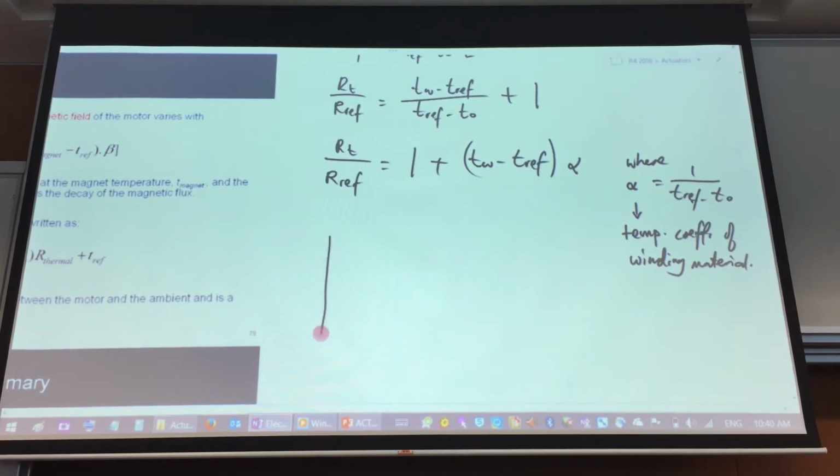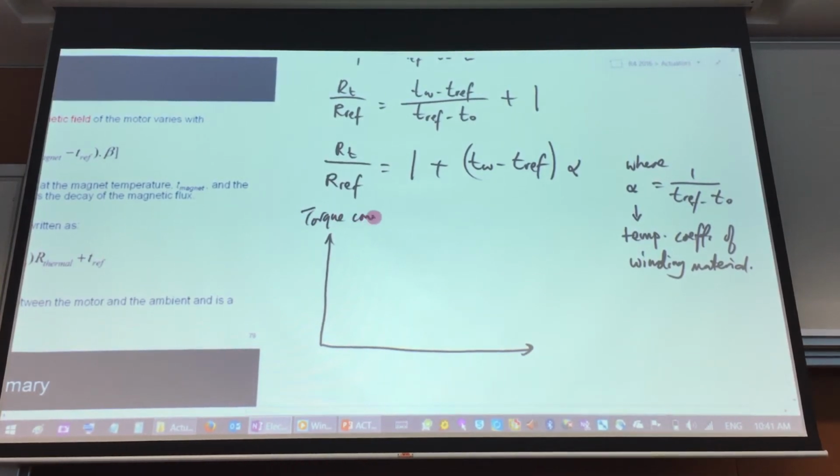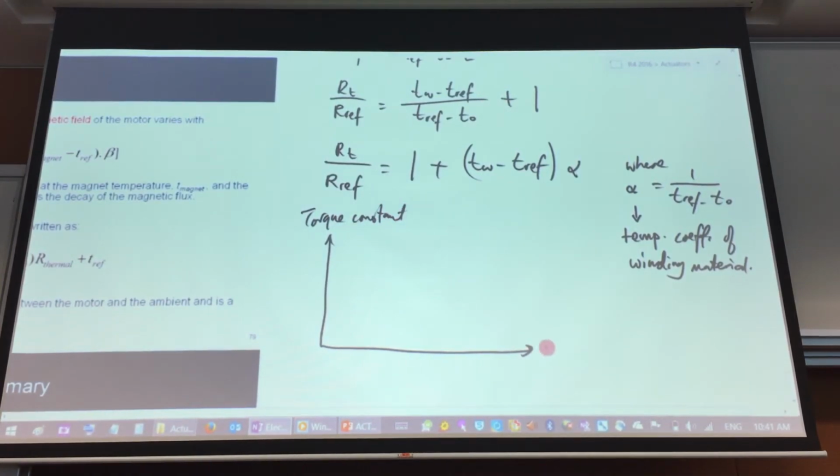So I'll sketch that. This axis will be the torque constant, and that axis again is temperature. So we want to find out how temperature is affecting our torque constant.